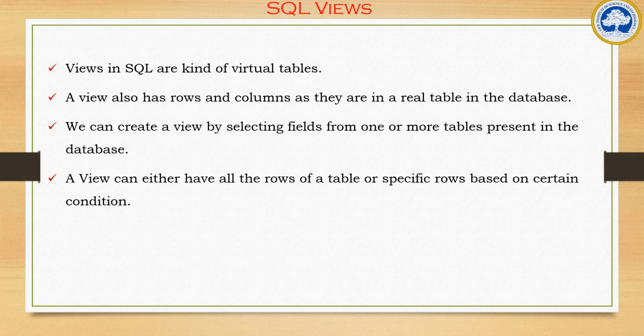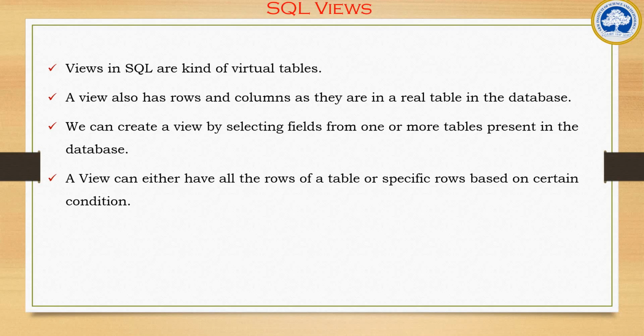We can create views by selecting fields from one or more tables, not only a single table. If I want to connect two different tables, I can create a view. For the first table I need 5 columns, and from the second table I need the last 4 columns, so I'm working with these 9 columns alone. Now I can create the view like this and apply analysis on my view table.